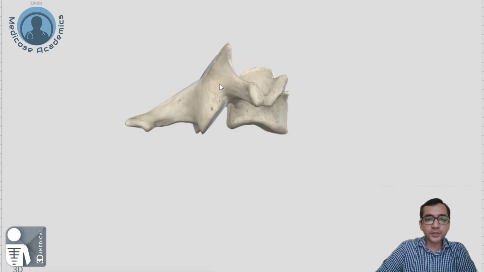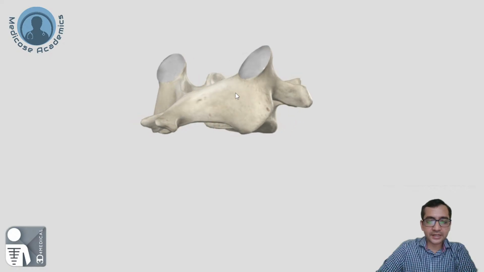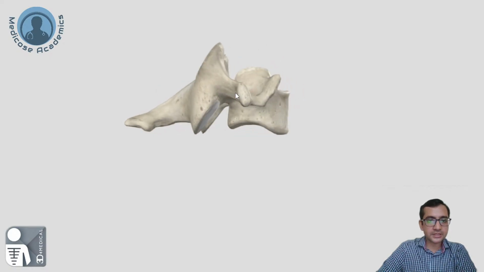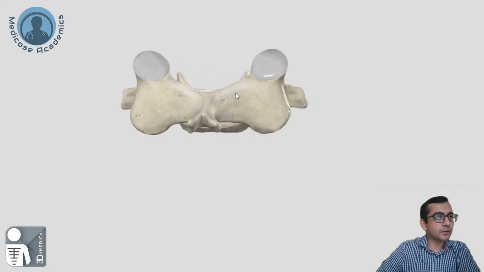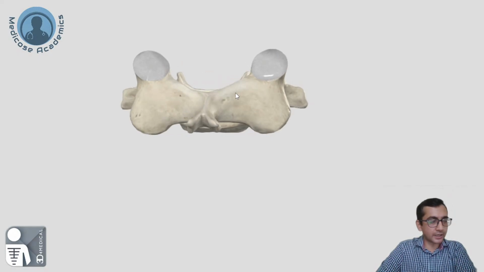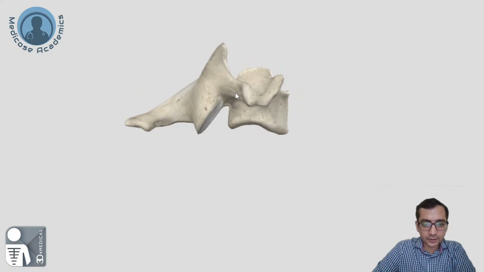Let's look at it. Both of them are projecting up from the junction of the pedicle and lamina. The superior articular facet is directed backwards and upwards. It does not have a medial or lateral component, as you know from the thoracic and lumbar regions. Then there is the inferior articular facet.